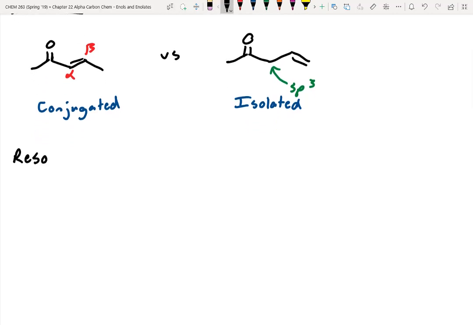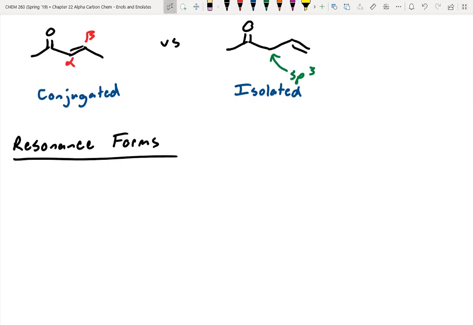We know that resonance plays a huge role in these systems. So let's do all the resonance structures for that alpha beta unsaturated ketone. All right, so one's quite obvious. We can just move that pi bond up.